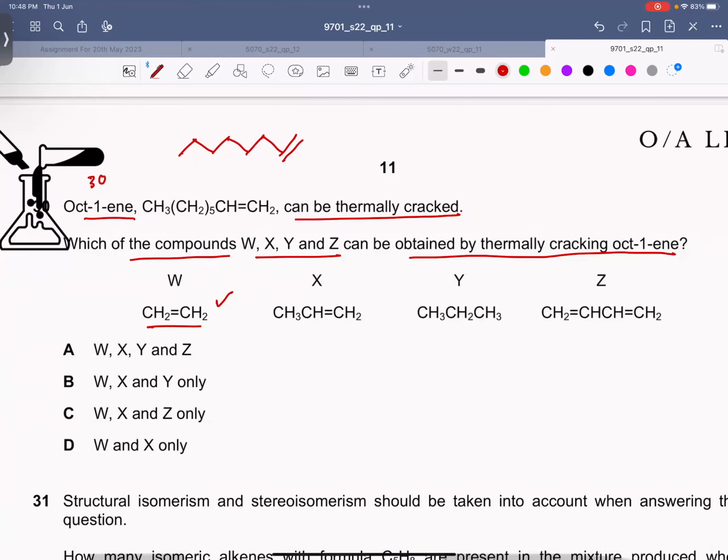It has 3 carbons, and this compound has 8 carbons, so it can be formed from the above compound. It has again 3 carbons, so it can be formed from the compound.